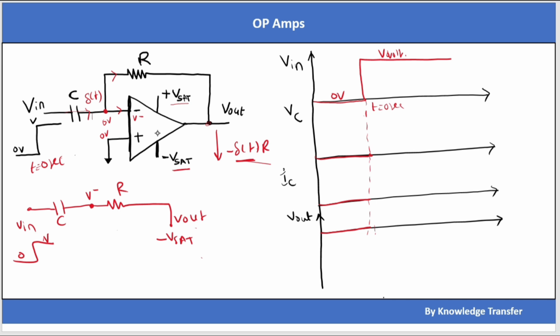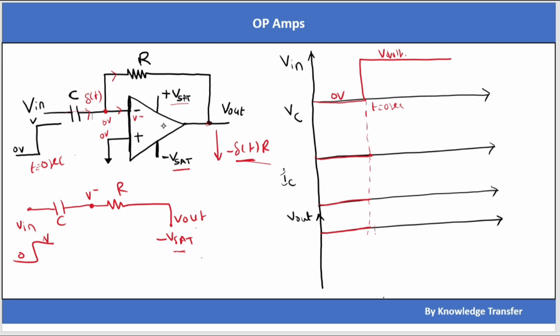What this op amp does is try to swing the maximum negative voltage, minus Vsat, and stays there. Because it is hitting the negative rail, it will come out of the negative feedback loop. So because of that, here we should consider minus Vsat.